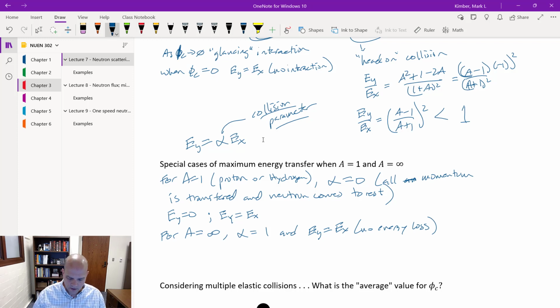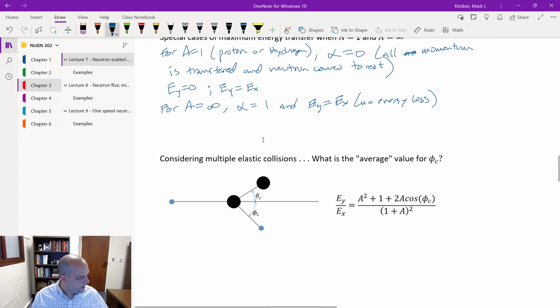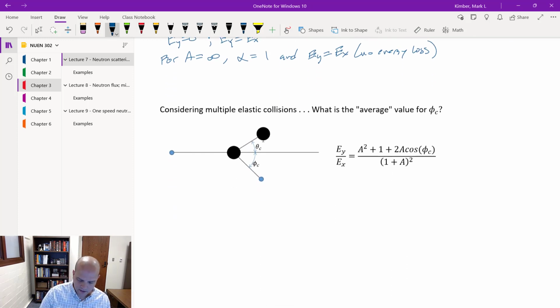And so our standard nomenclature here for the interactions we've been dealing with, we've got our projectile, we've got our target, and we've got our light product and our heavy product. After the reaction, we've got our scattering angle for both the light and the heavy, and we know that this is going to be between 0 and pi.